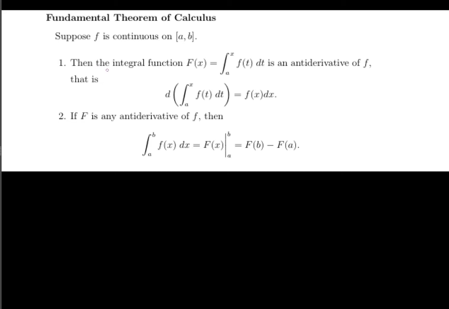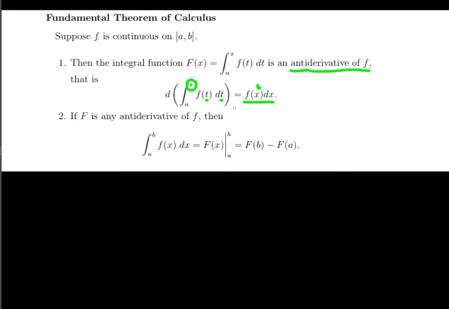And then the first part says that the integral function, big F of x, defined as the integral from a to x of f of t dt, is an antiderivative of f. In other words, if I take the derivative of this, I would just be left with f of x. Now, something that's really key, this t in the integral is changed into an x right here because we're taking the derivative with respect to x.